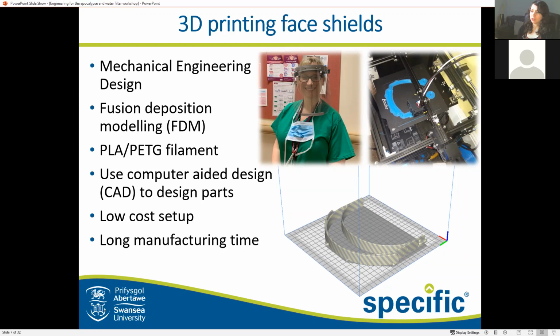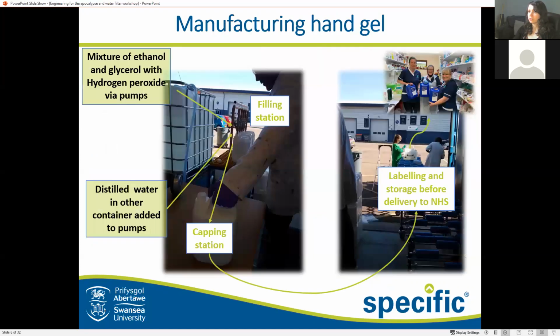But considering the injection molding equipment costs hundreds of thousands, if not more, pounds, something that's only 200 quid off of, I won't say the website, but off the website many of us use quite regularly, is something far more viable for these sorts of situations.